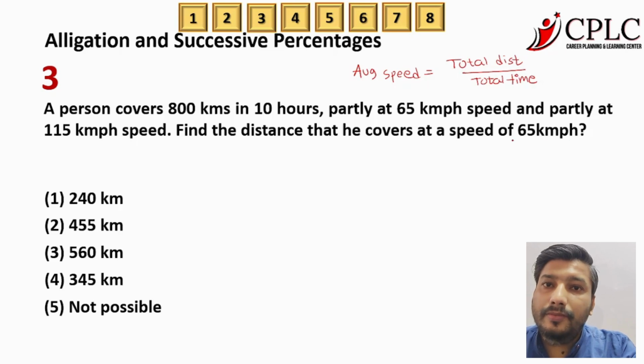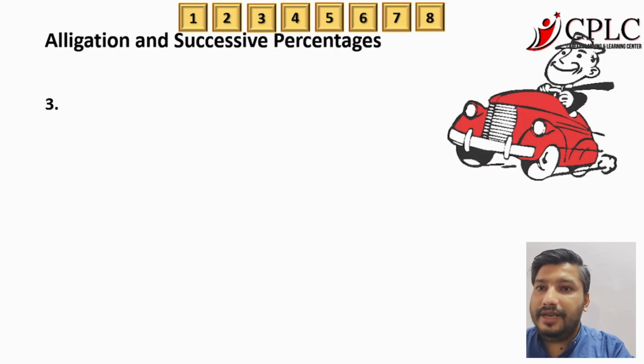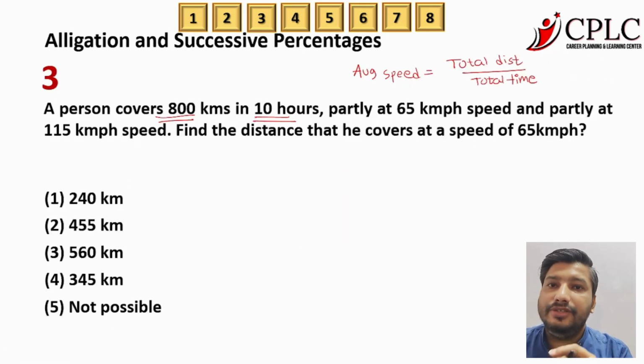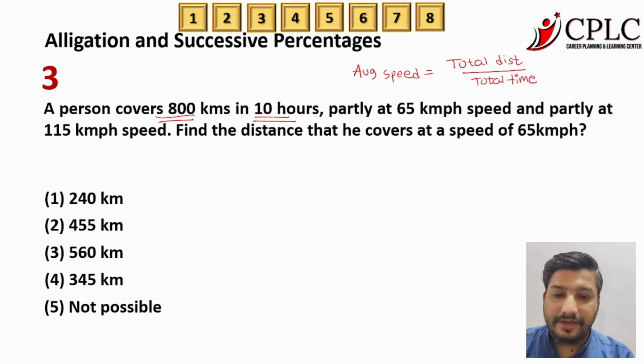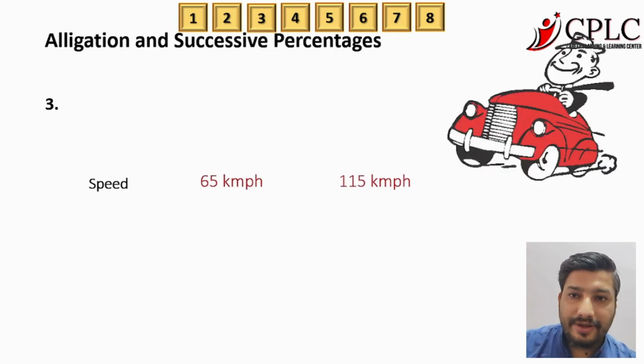So 800 kilometers in 10 hours: total distance is 800, total time is 10 hours, so 800 divided by 10 becomes 80 kilometers per hour as your average speed basically. So let's do the alligation, both the speeds at the corners. So 65 at one corner, 115 in the other corner.